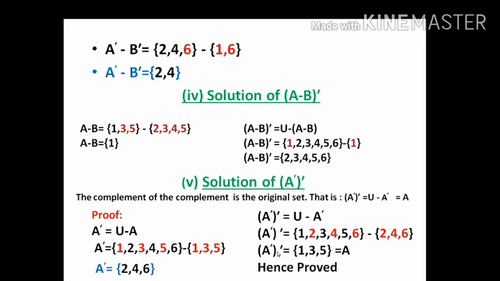So (A complement) whole complement is equal to 1, 3 and 5, because only these members are not present in set A complement. So these members are equal to set A. The result shows that the members are equal to the members of the set A. It means that left hand side is equal to the right hand side, hence proved.